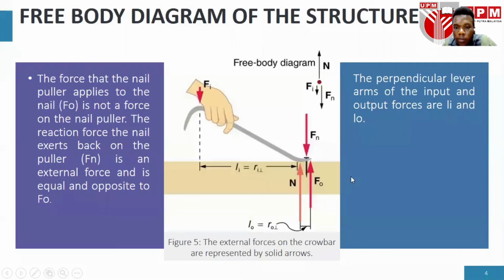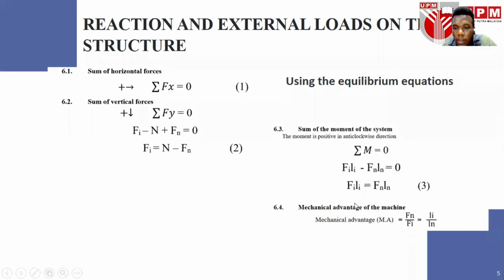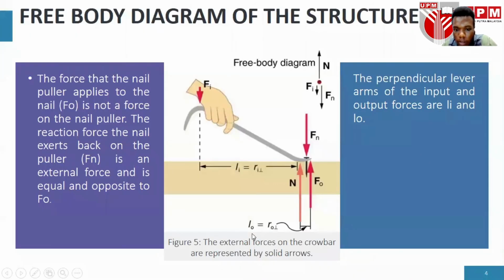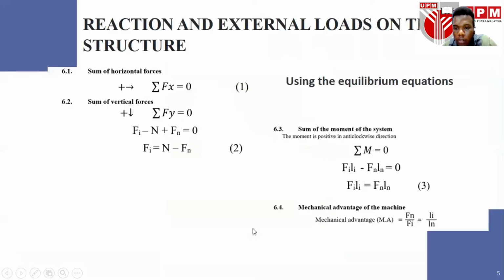Also, summation of moment of the system is equal to 0. Hence, the force input times its moment arm equals the force Fn times the length N, which is length naught. Hence, force input times length of input is equal to force normal times length of normal.